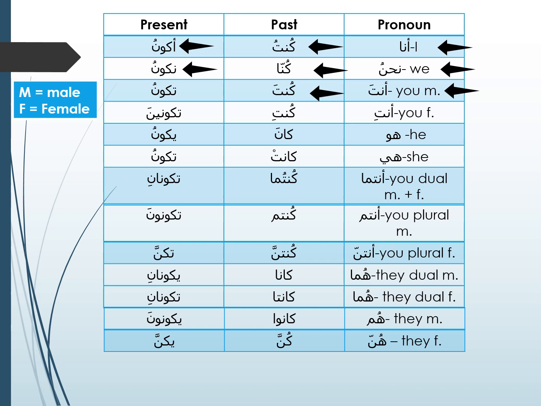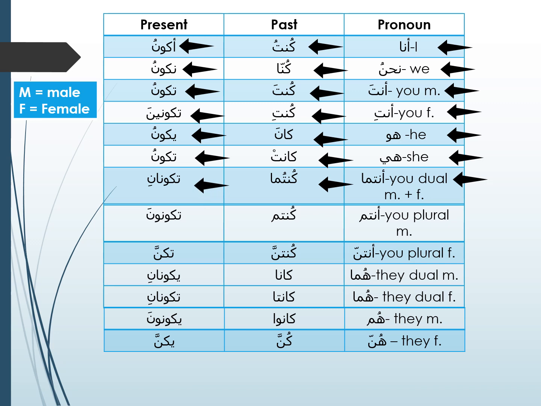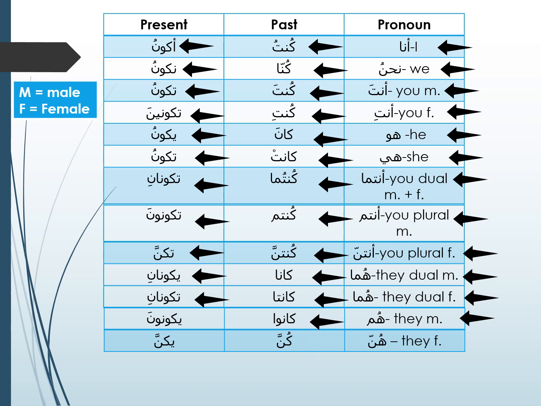أنت كنت تكون. أنت كنت تكونين. هو كان يكون. هي كانت تكون. أنتما كنتما تكونان. أنتم كنتم تكونون. أنتن كنتن تكن. هما كانا يكونان. هما كانتا تكونان. هم كانوا.